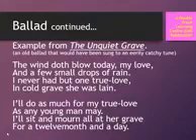The wind doth blow today, my love, and a few small drops of rain. I never had but one true love, in cold grave she was slain.